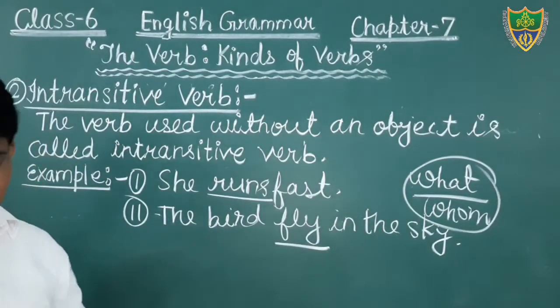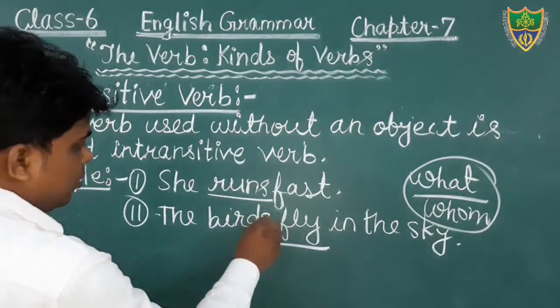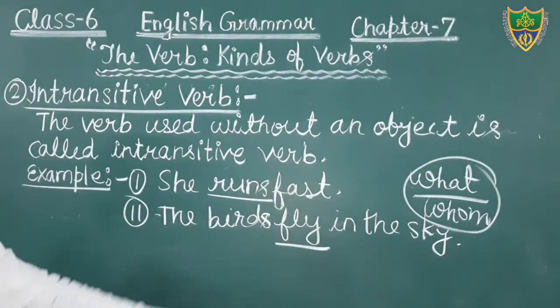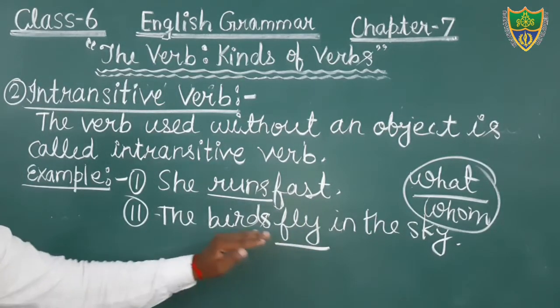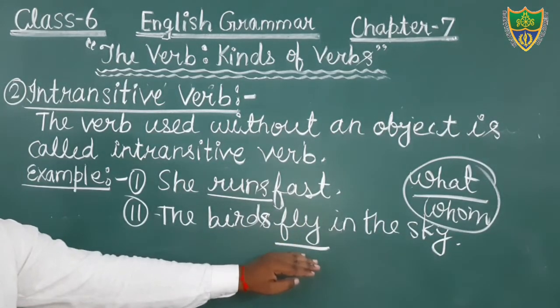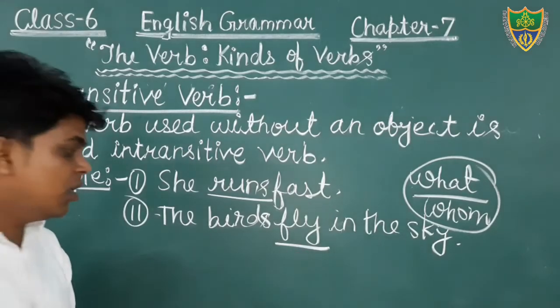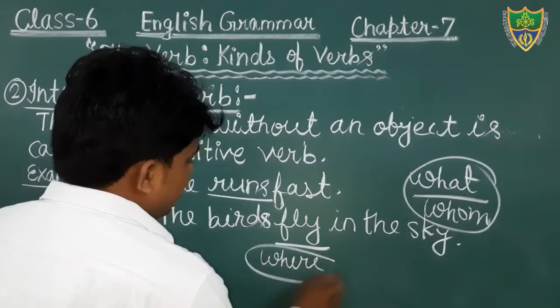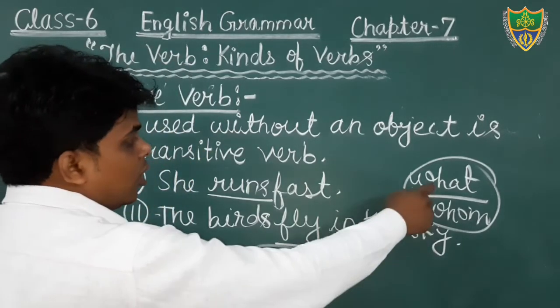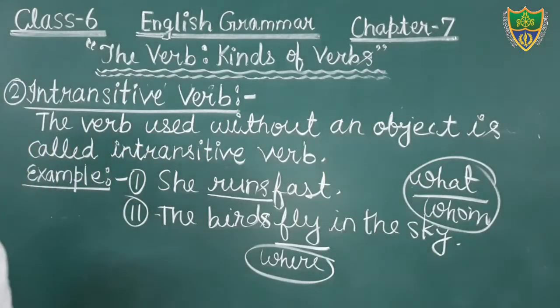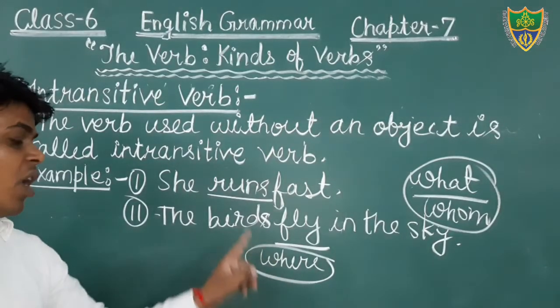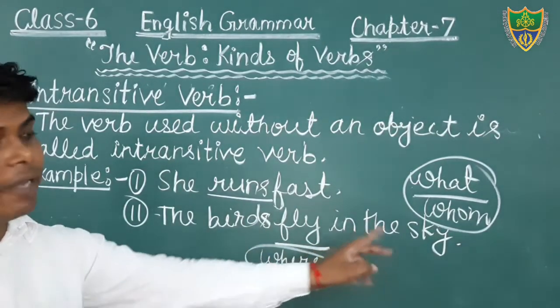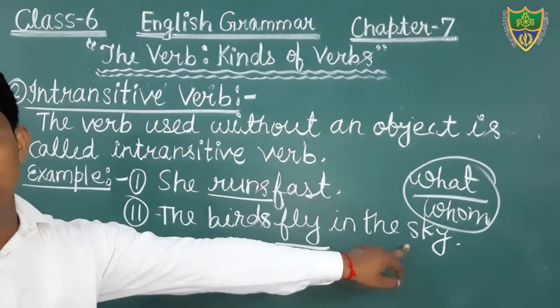We are putting the question with what. What does the bird fly? It gives the answer to the question where. It does not give the answer of what and whom. If we make the question where does the bird fly, then we are getting the answer sky.